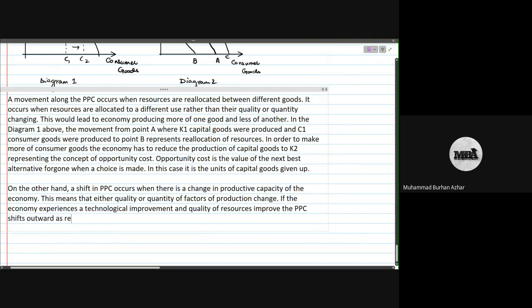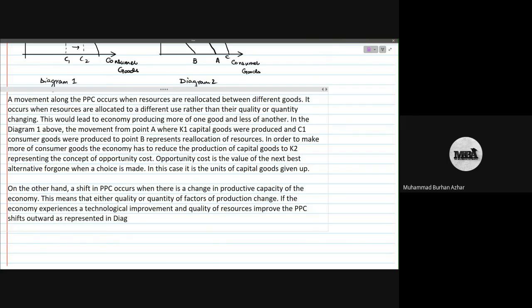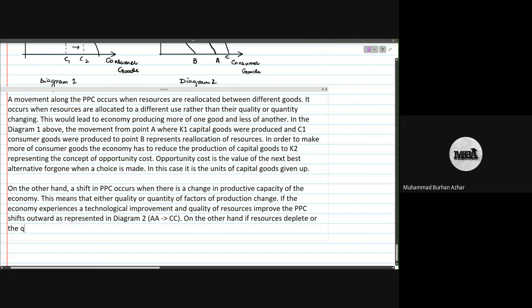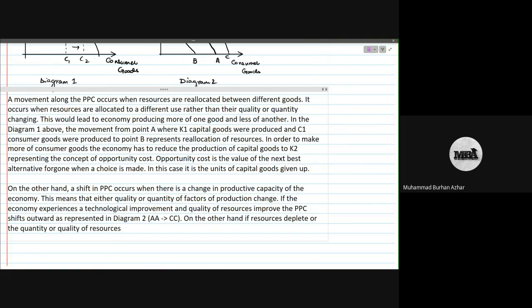as represented in diagram 2 from AA to PPCC, right? On the other hand, if resources deplete or the quantity or quality of resources diminish, in that case, the PPC will shift to B, right?